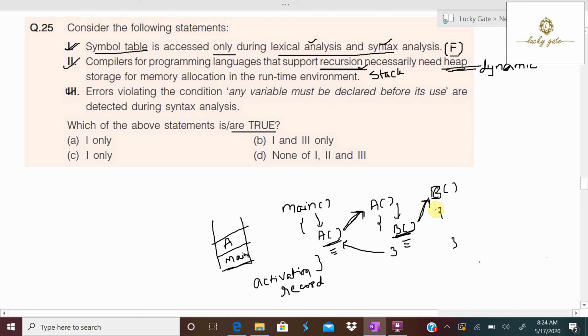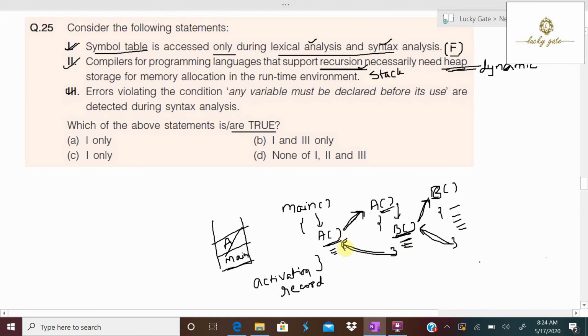After it moves to function B, it executes all the statements of B. After execution it should return to this one. So how does it know the return address is at this place? By popping the activation record of A. By popping the activation record of A, it returns to this place, so that all local variables, global variables, whatever is needed for this function to execute will be restored, so that this function will get executed.